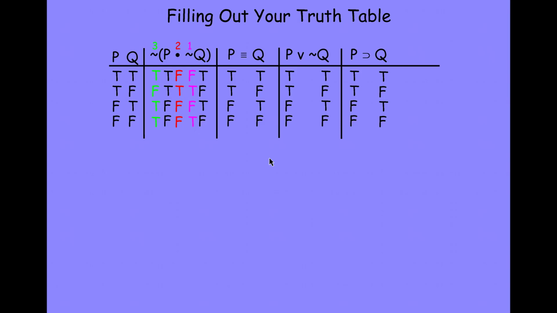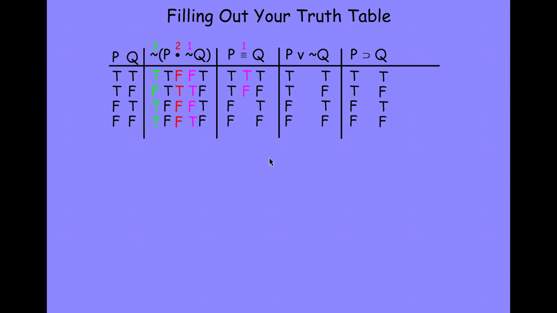Okay, our rule for the triple bar says that a biconditional is true whenever the formulas that it connects have the same truth value. It's false when they have different truth values. So in that first row, P and Q are both true, so the biconditional will be true. In that second row, P is true and Q is false, so they have different truth values, so the biconditional will be false.